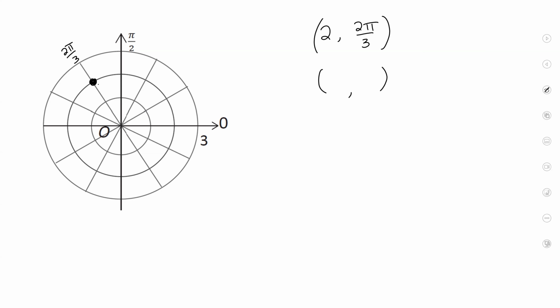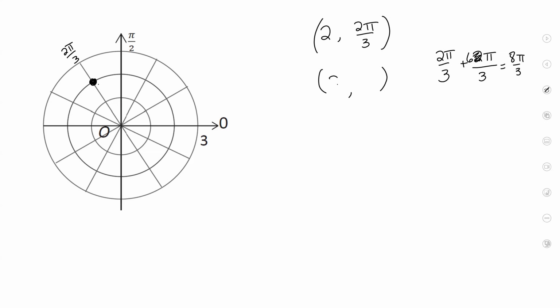What's the quickest way to find another point? Yep, add 360, add a circle. So 2 pi over 3, if I add another circle, if I add 2 pi, make sure you get the same denominator. So this will be 6 pi over 3. You get 8 pi over 3.